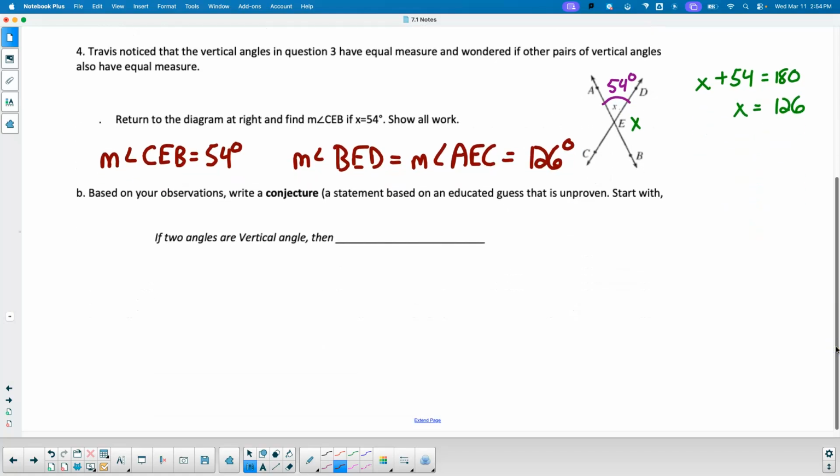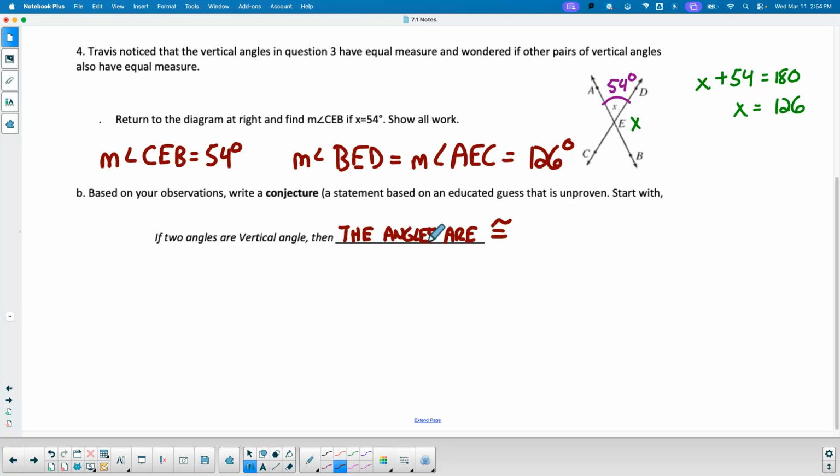So if 2 angles are vertical, then what do we figure out about them? Well, we already found out. Then the angles are congruent. What would those lines be then?